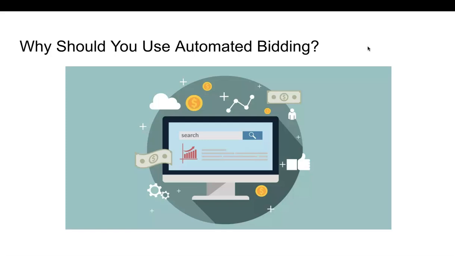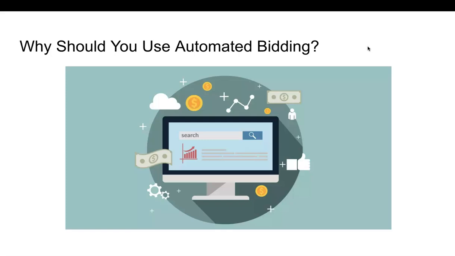Okay, so why should you be using automated bidding? Well, let's face it, manual bidding is very time consuming and error prone. It's nearly impossible for any human to monitor every signal and adjust bids for thousands of keywords 24/7. That's why automated bidding strategies like Target cost per acquisition, Maximize conversions, Maximize clicks, and Target return on ad spend are so powerful.